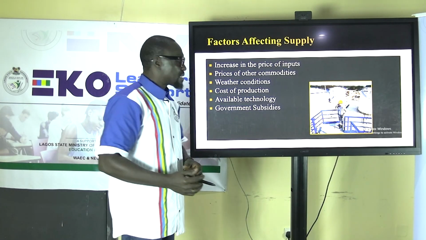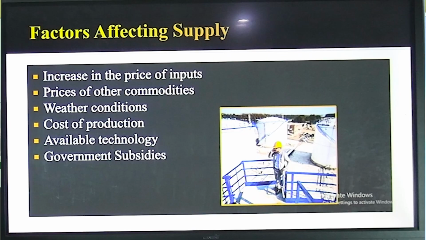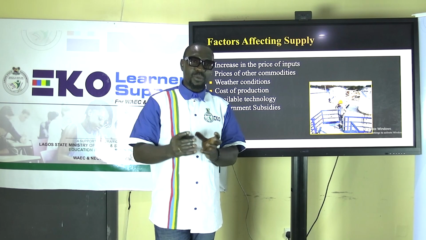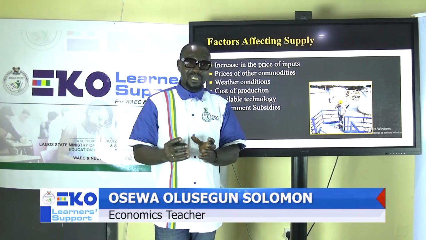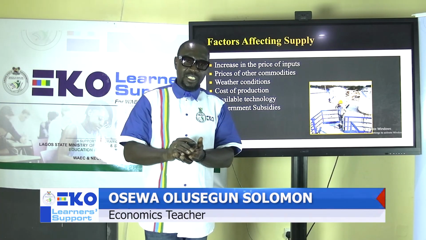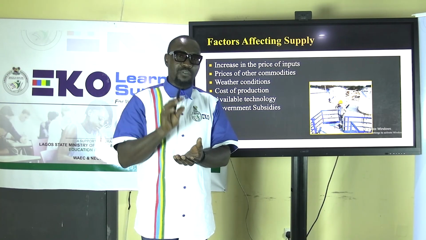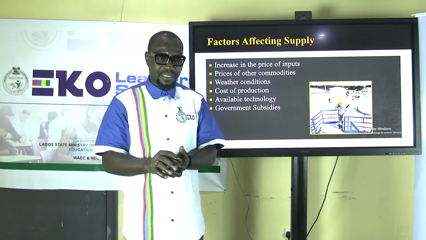The next is government subsidies. While not trying to go into politics, a lot of Nigerians are familiar with the case of petroleum subsidies. The government introduced petroleum subsidies with the intent of affecting the supply of petroleum products in the market.